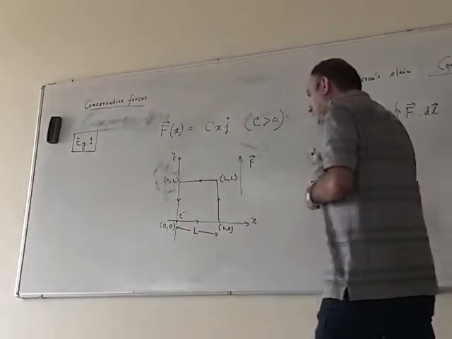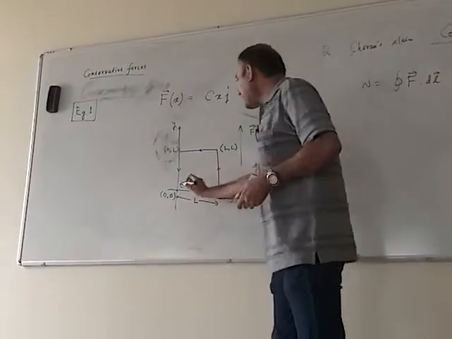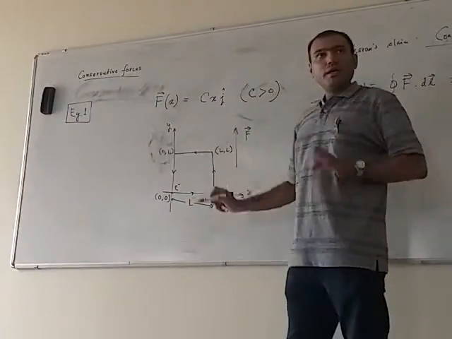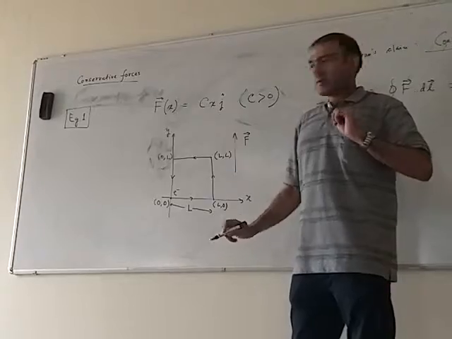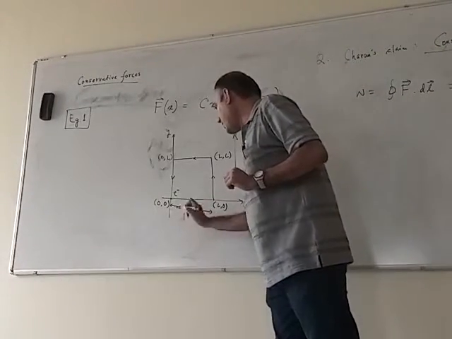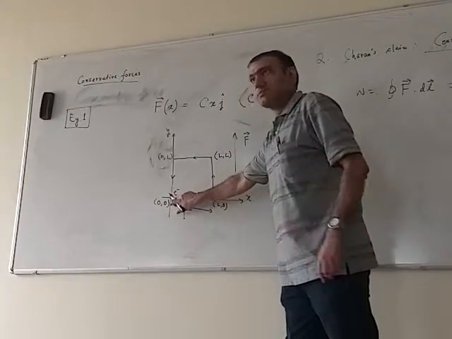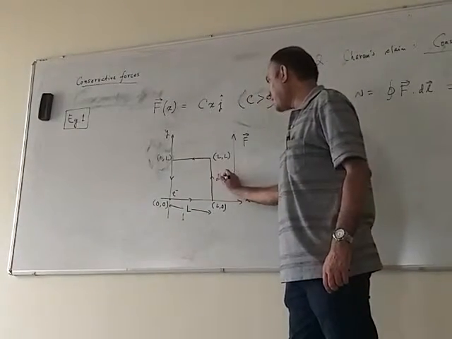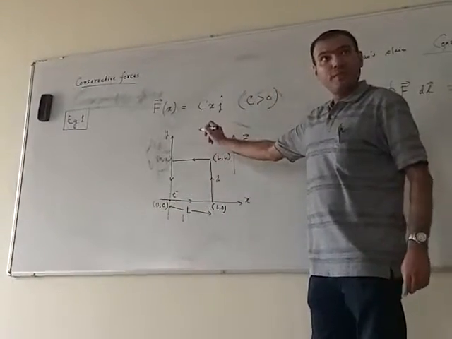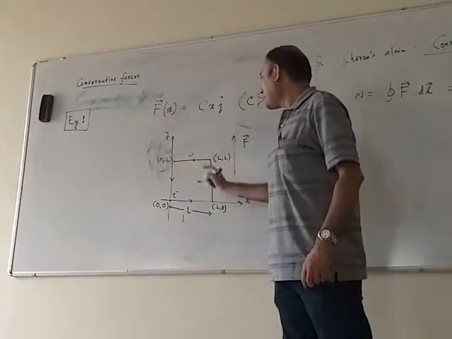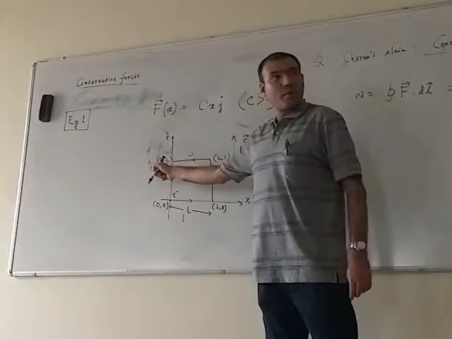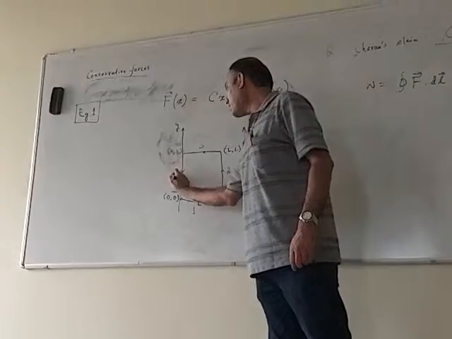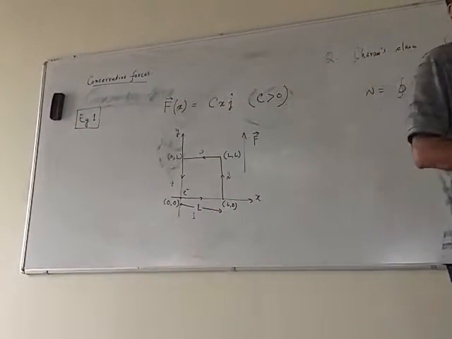So what we can do is split up this path into 4 parts. The first one would be taking the electron from 0, 0 to L comma 0. The second one would be this vertical one. The third one from L comma L to 0 comma L. And the fourth one would be back to the origin.